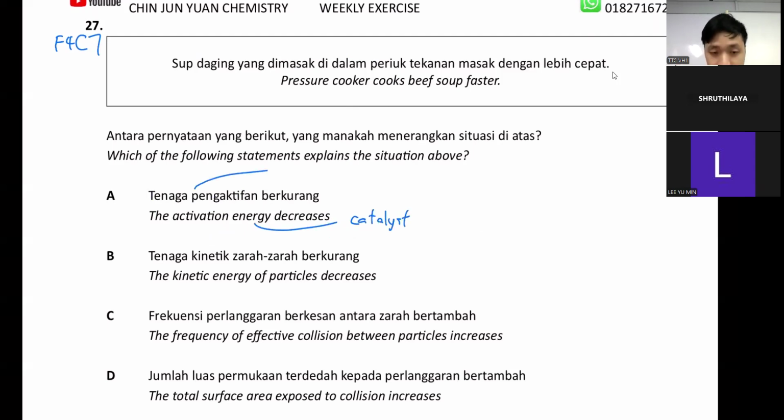In Malay it's called tenaga pengaktifan, used for the catalyst. And then B, kinetic energy correct, but of course it's not decrease, it's increase. So B is wrong. C, frequency of effective collision between particles increases, correct.